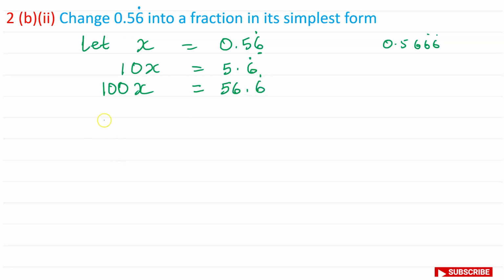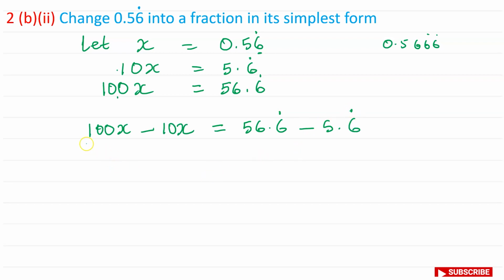And now what we want to do is do 100x take away 10x. Okay, so we're going to do this, take away that. That's going to be equal to 56.6 recurring, take away 5.6 recurring.